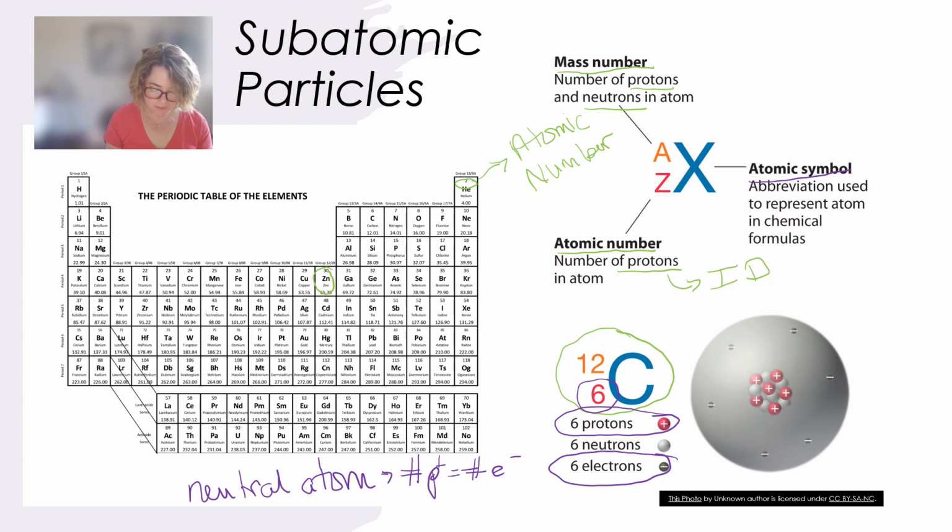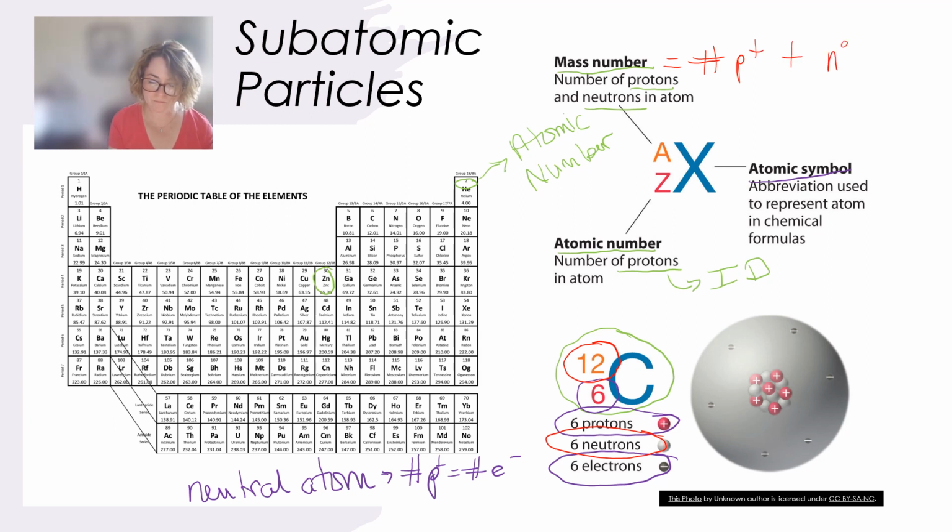Now the last bit of information that we have here is the number of neutrons. This is going to come from the mass number. In order for us to figure out how many neutrons we have, we are going to subtract. Remember again that the mass number is the number of protons and neutrons.